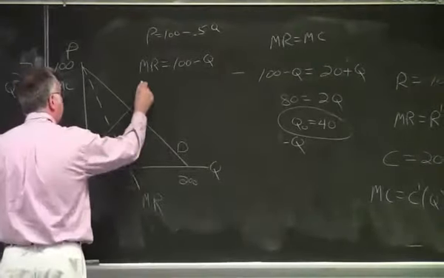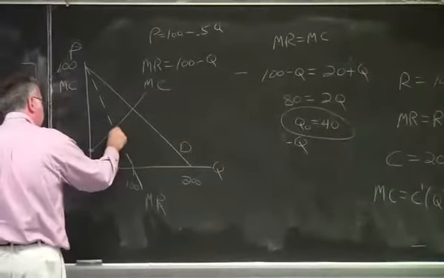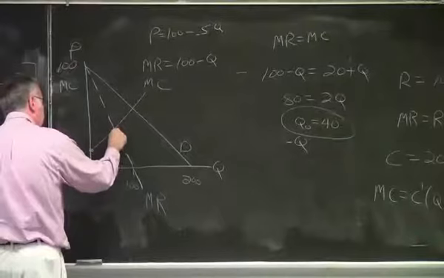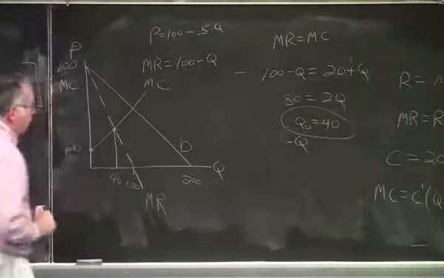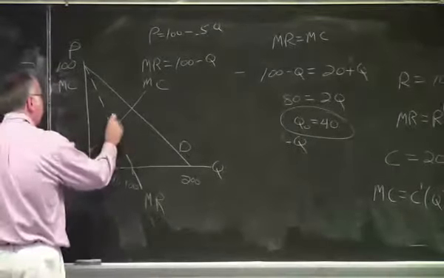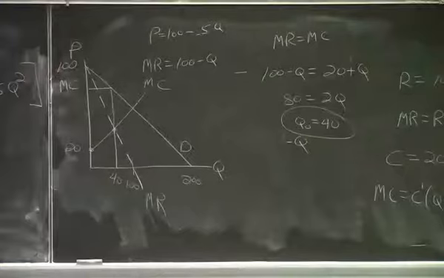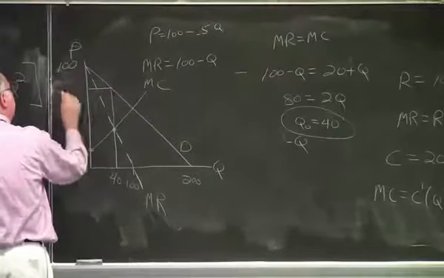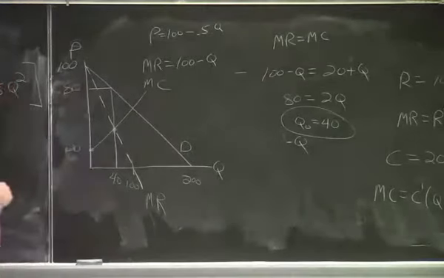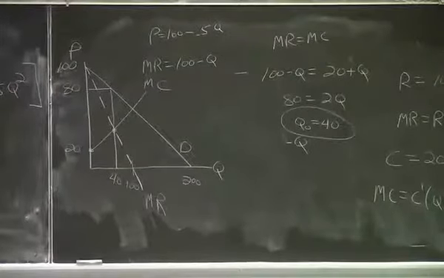So our marginal cost curve looks like this. We know marginal revenue intersects marginal cost at Q equals 40. And you go up until you hit the demand curve, and that gives you your price of 80. Right? Wasn't our profit maximizing price 80? Yeah. Okay. So that's what it looks like in the diagram.